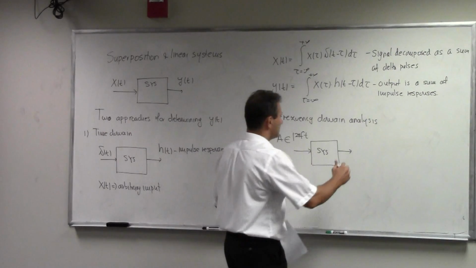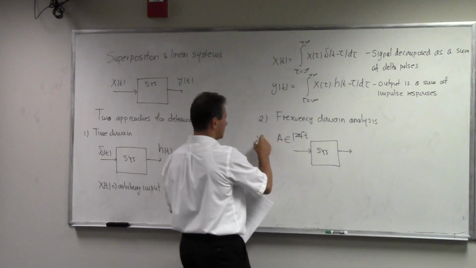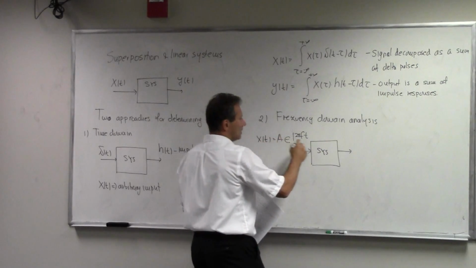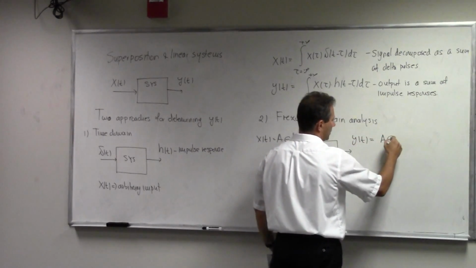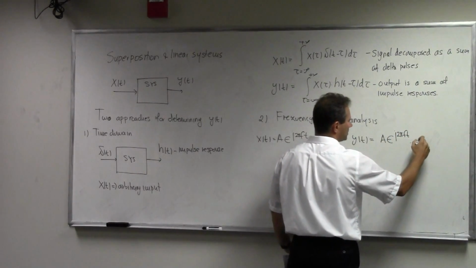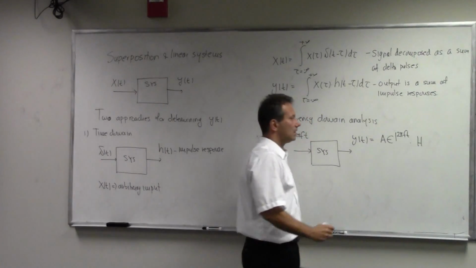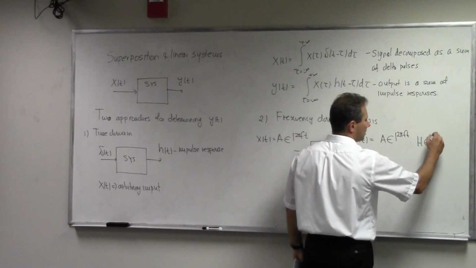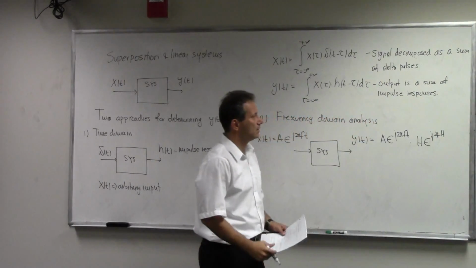So what happens here is, if this is x of t, then y of t is going to be my exponential to begin with, and then times some constant that will change the magnitude, and some angle that will add to the phase. Okay.